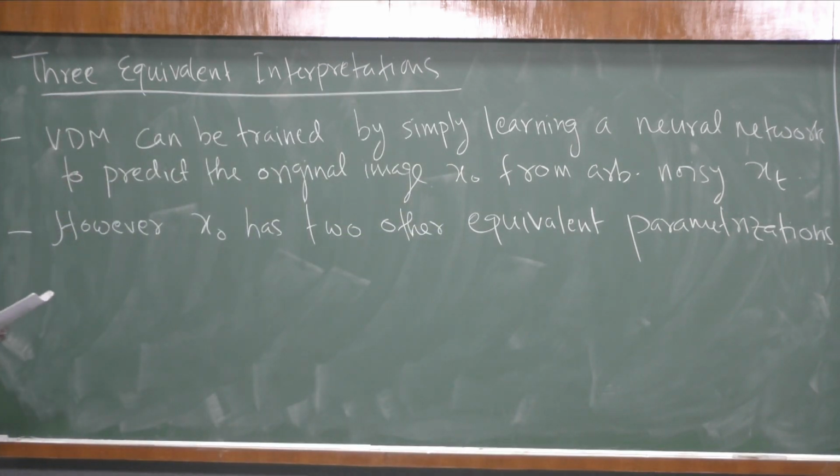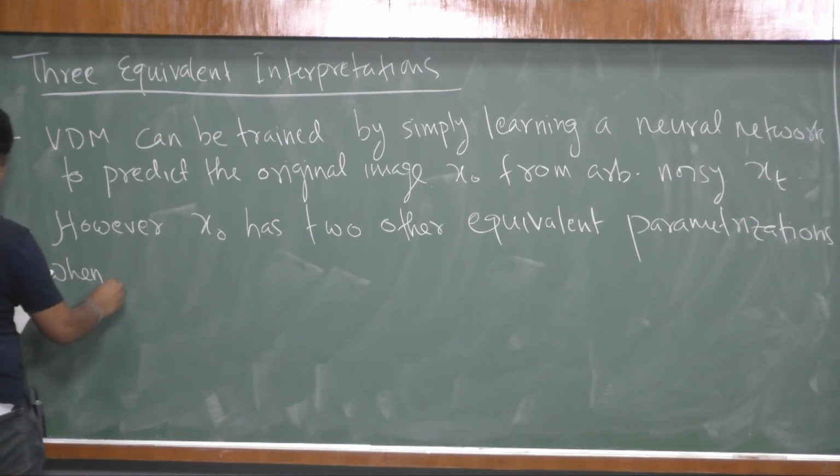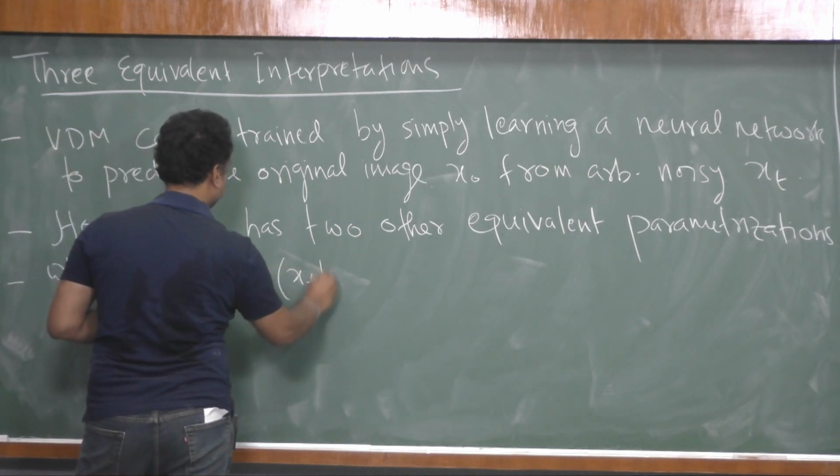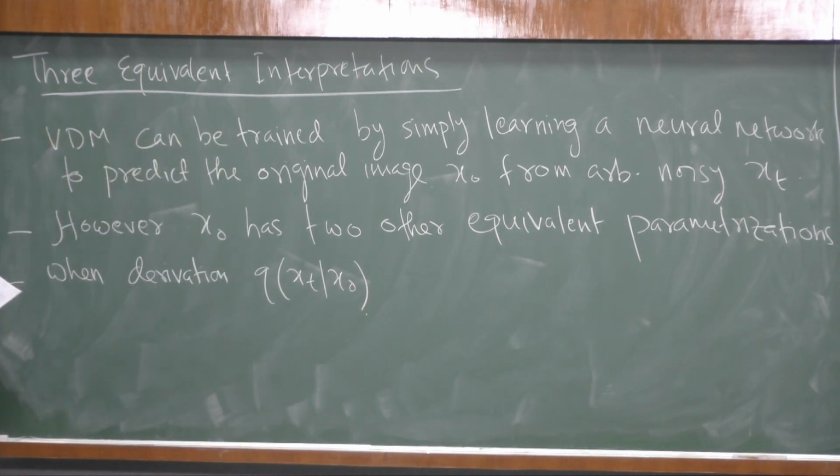Firstly, we can use the reparameterization trick. In our derivation of the form of q x t given x naught, if you recall, we asked what is the distribution of xt given x naught, with certain choices of alpha t and scaling and translation of the means and the variance.